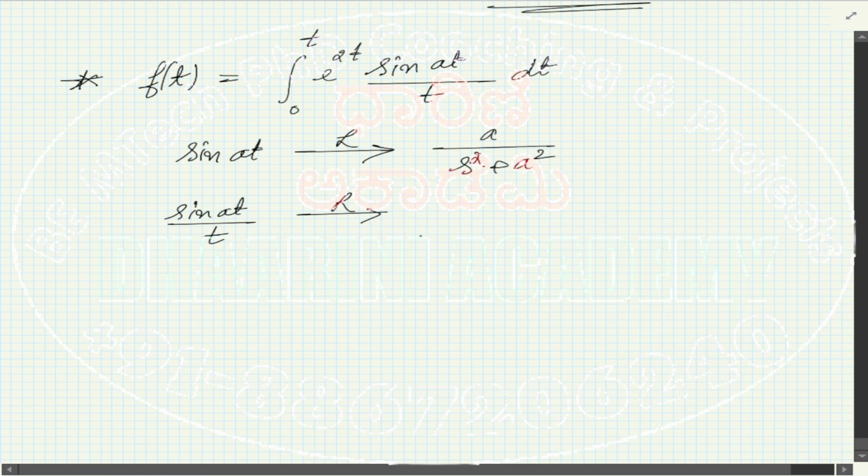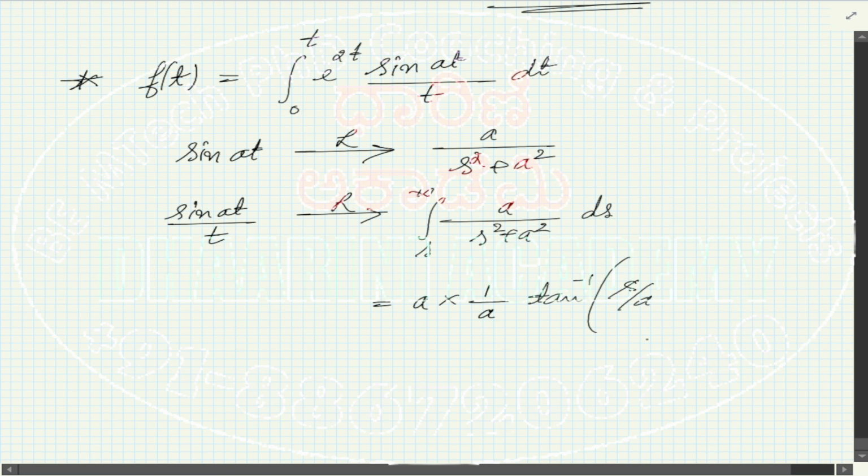So this means integral, this is s to infinity, a divided by s square plus a square ds. So this is a standard integral, right? This is a as it is into, so a by s square plus a square integrates to 1 by a into tan inverse of s by a, right? So should be substituting s to infinity.